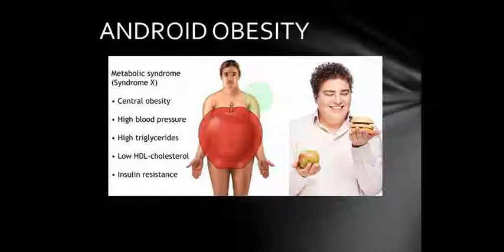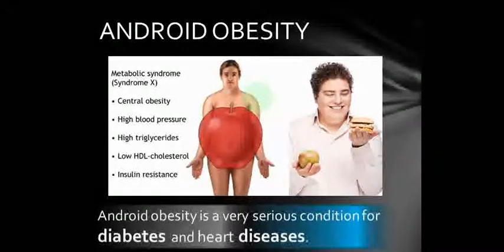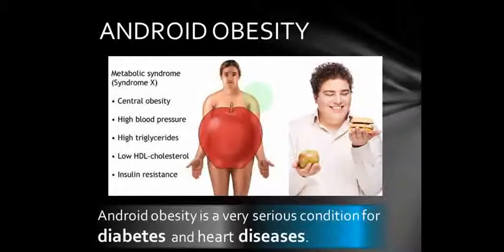Well, let's start talking about the central or the android obesity. It may seem funny. Actually, in terms of metabolic health, it's not funny at all. Android obesity is a very serious condition for diabetes and heart diseases.